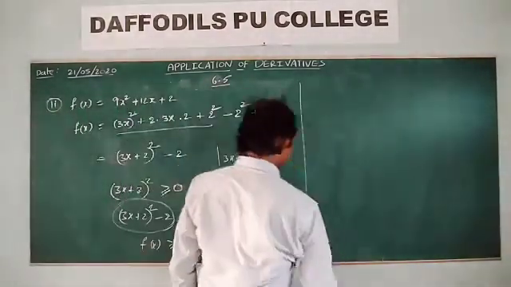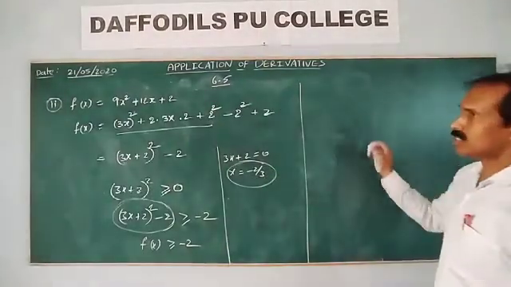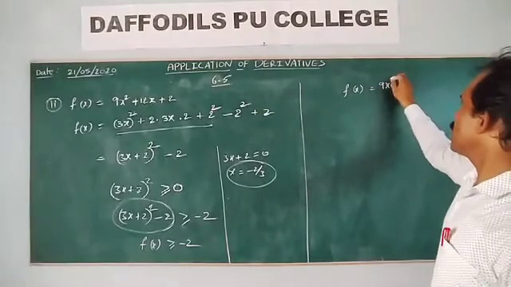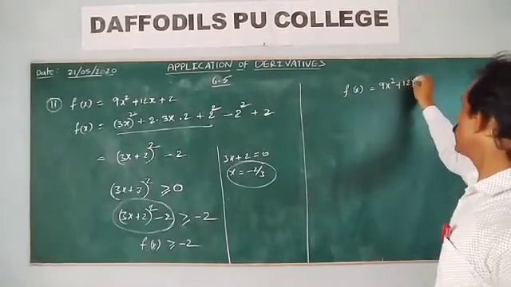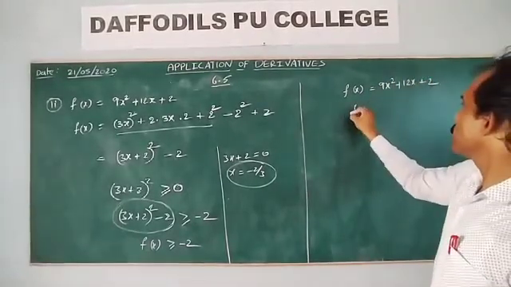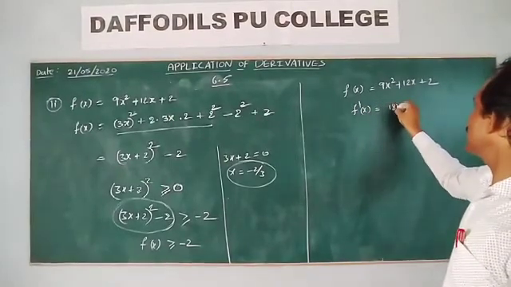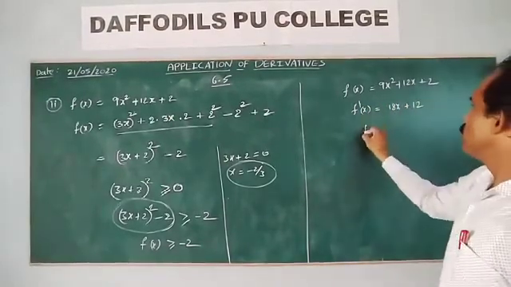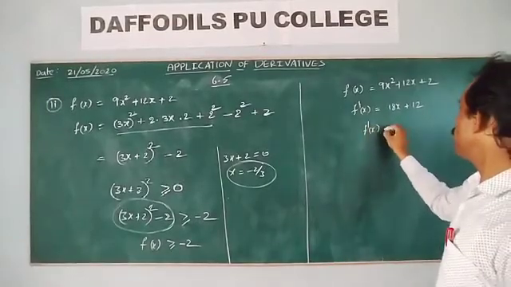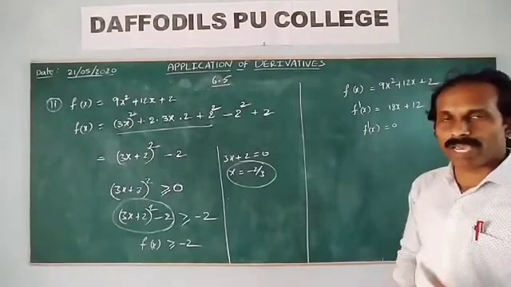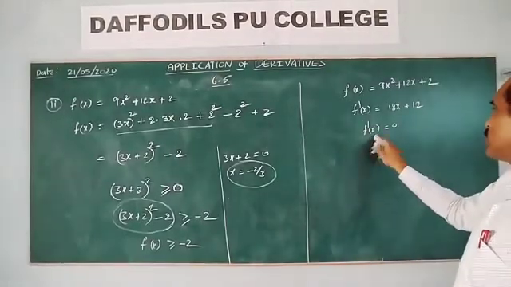Suppose we use the derivative. f of x is equal to 9x square plus 12x plus 2. F dash x is equal to 18x plus 12. For getting the critical value, for finding maximum or minimum, f dash x is equal to 0.